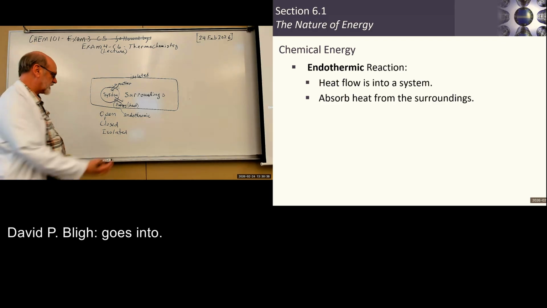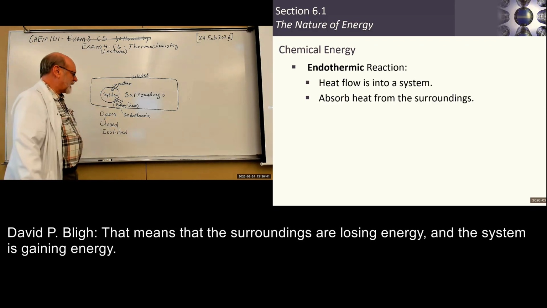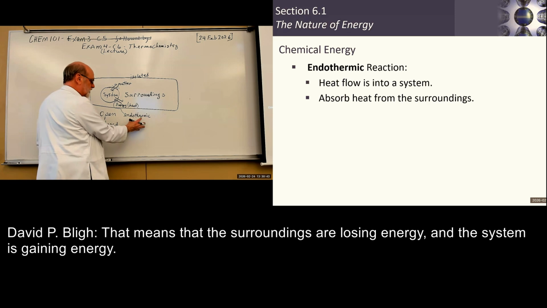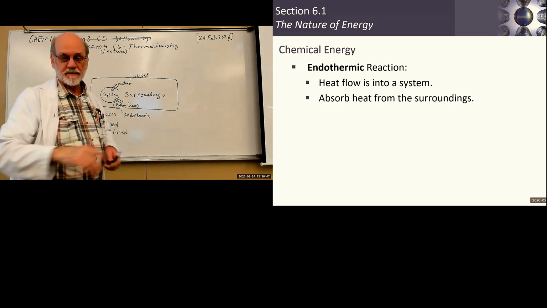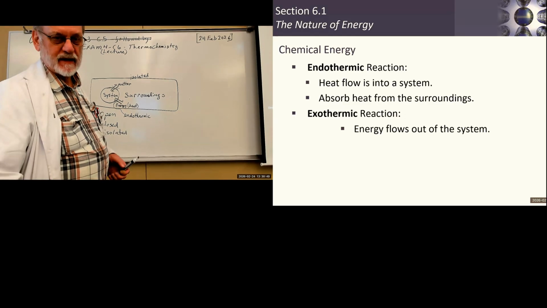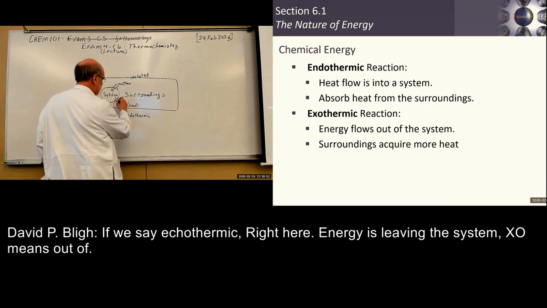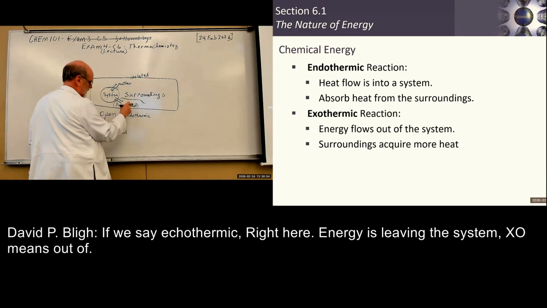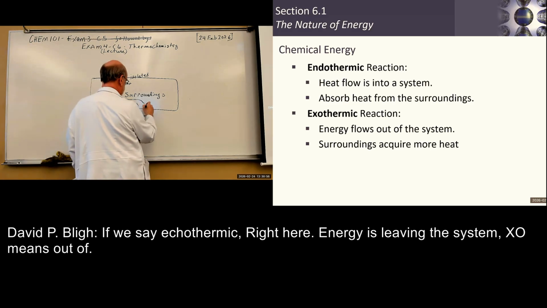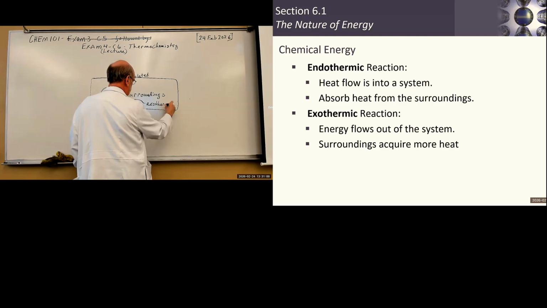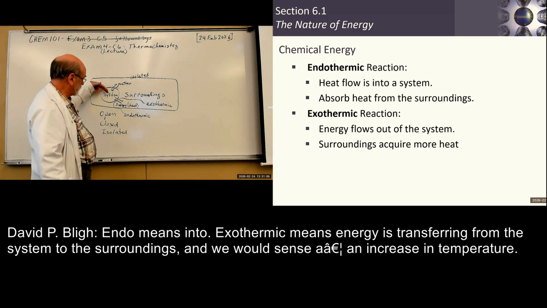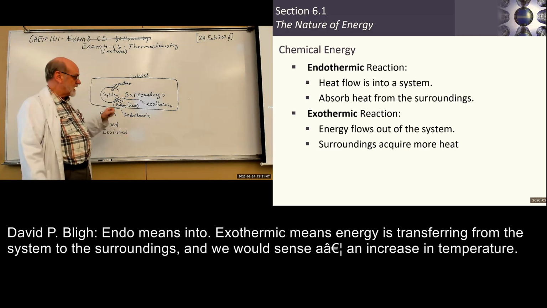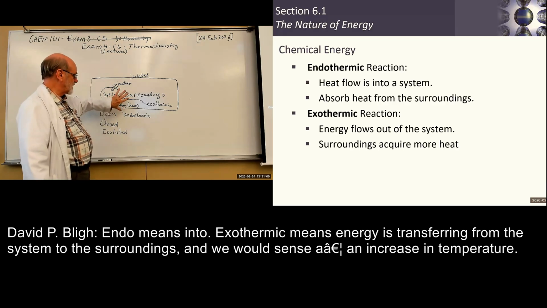That means that the surroundings are losing energy and the system is gaining energy. If we say exothermic, energy is leaving the system. Exo means out of. Endo means into.